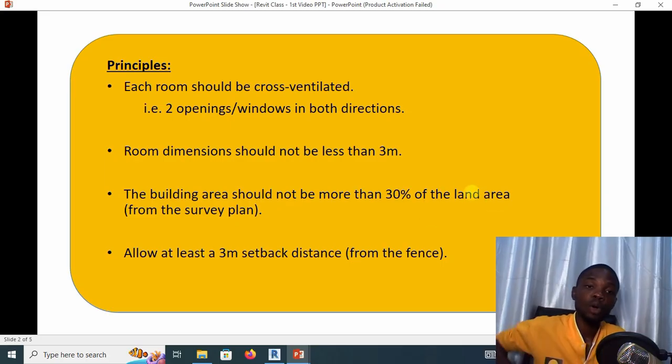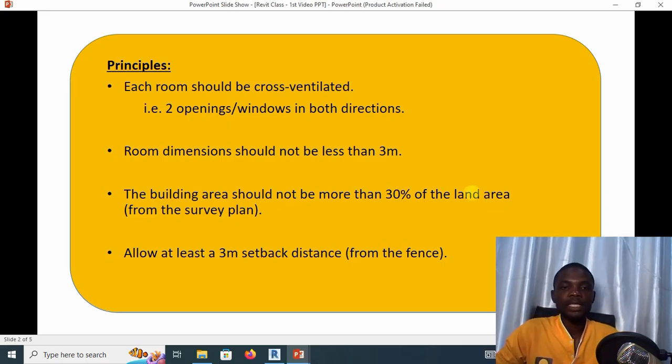You should have openings. Now, the second principle is that your room dimension should not be less than 3 meters, right? Standard room size is 3 meters by 3 meters. Of course, if you have enough space, you can go to 4 meters by 5 meters, 6 meters by 8 meters, as the case may be. But a standard residential room size should not be less than 3 meters in dimension.